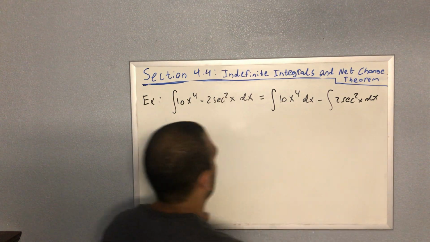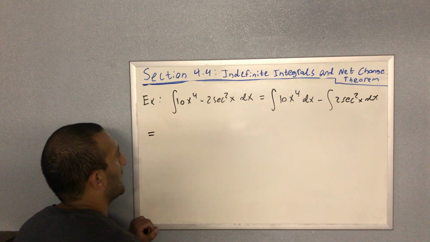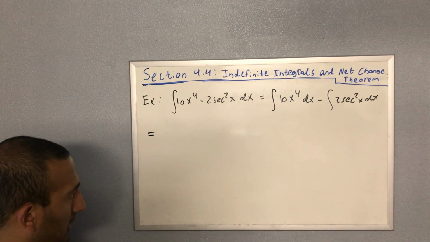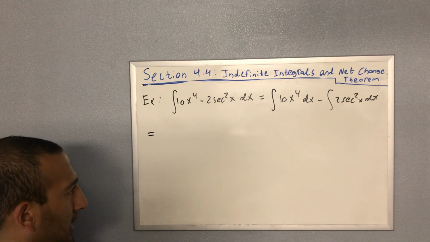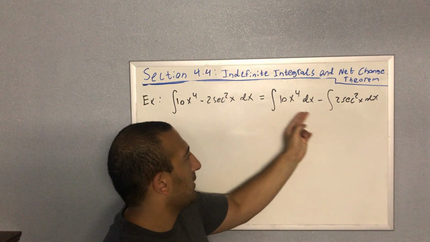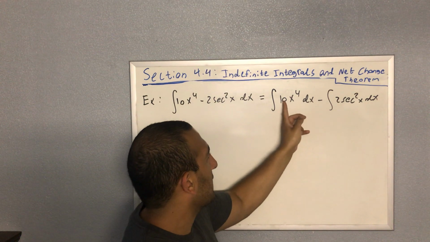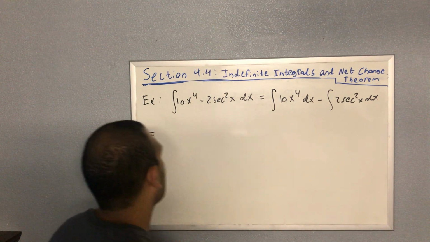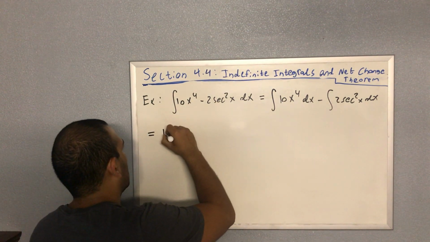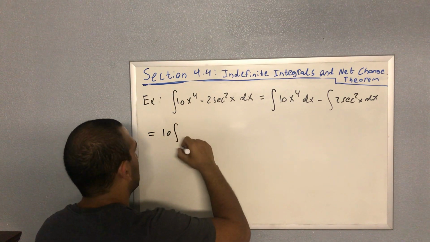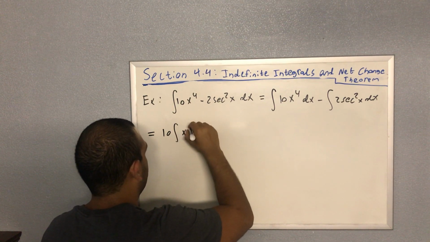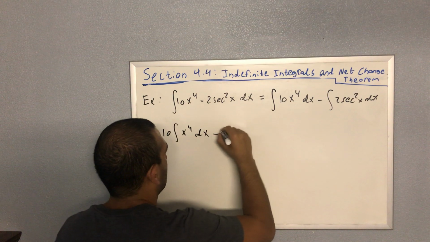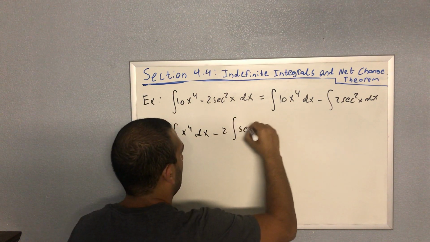So that's using one rule already, which is nice. And then remember the other rule, it said if you have a constant out in front of your function, you can pull that constant in front of the integral. So this is just the same as 10 times this guy minus 2 times this one.